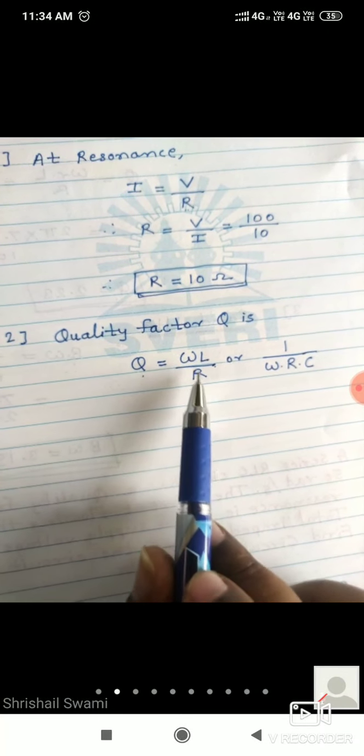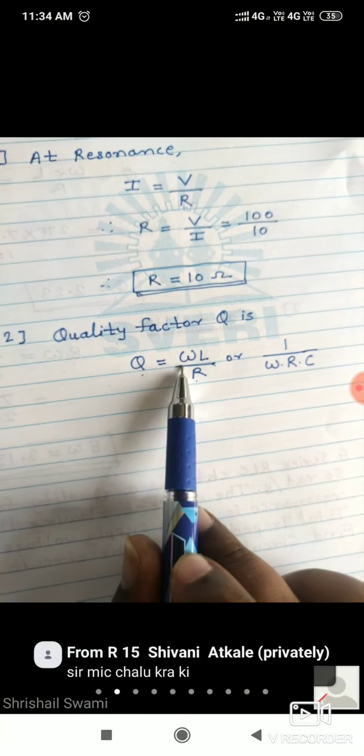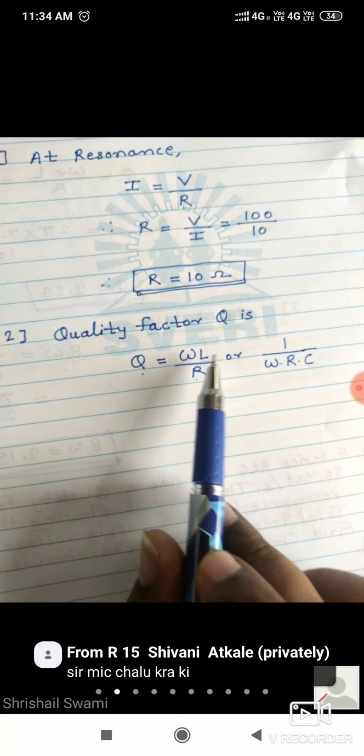That is omega L divided by R, or 1 upon omega R into C. So these are the two expressions with us. By using these two expressions, Q is already given, R is known, omega is known. So you can easily find out L or C.